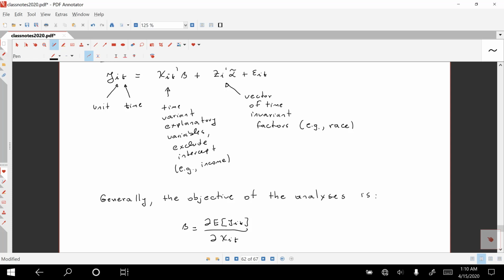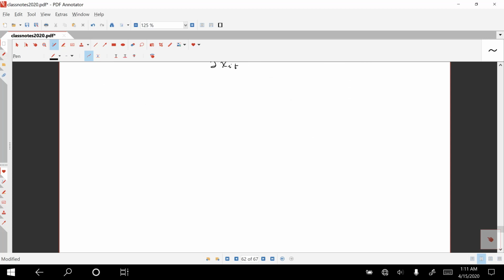When we talk about panel data, there are three most common model structures. There are some others, but these are the most common and basic ones, I would argue. Today, we're going to define each of these structures.